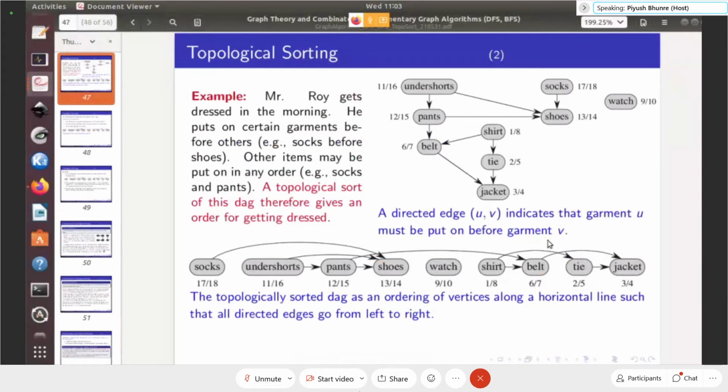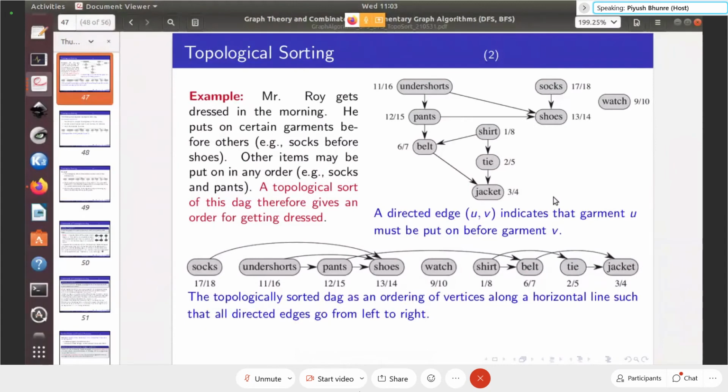Okay, so we are back to that point again. From the definitions, basically we want to sort the vertices in such a way that we put the vertices on a real line, one after another, so that there may be an edge from a vertex u to v, but there cannot be an edge from v to u.